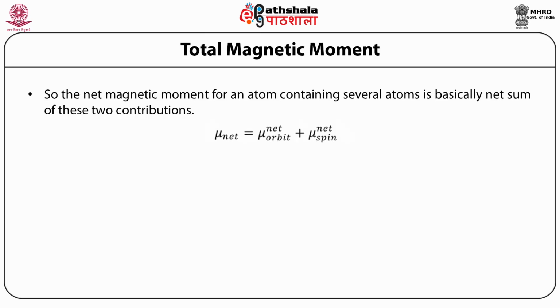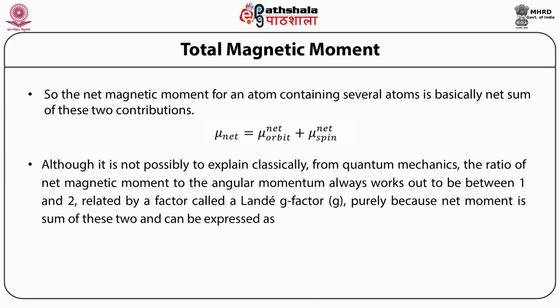That is, mu net is equal to mu net orbit plus mu net spin. Although it is not possible to explain classically, from quantum mechanics, the ratio of net magnetic moment to the angular momentum always works out to be between 1 and 2.